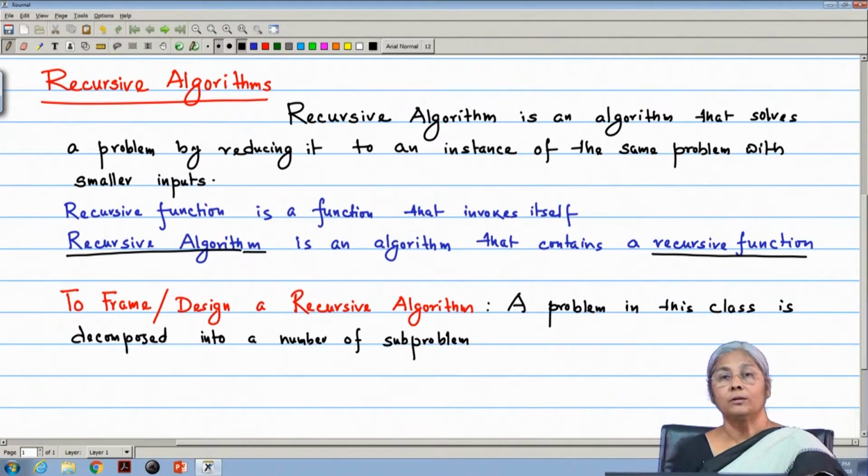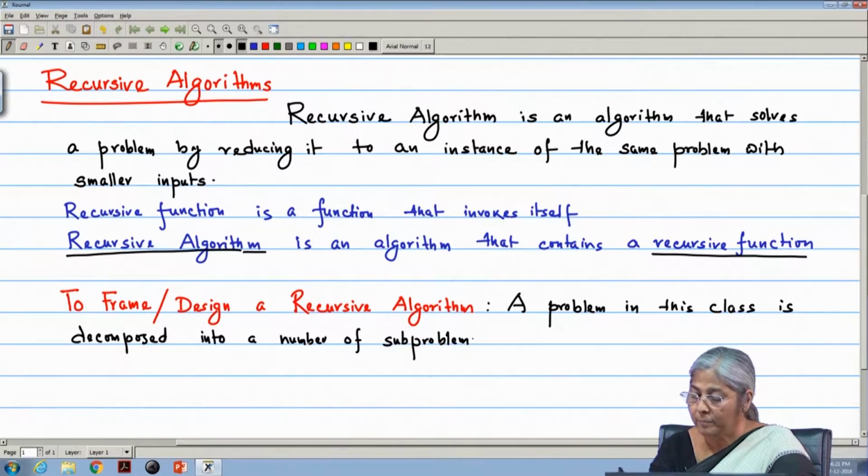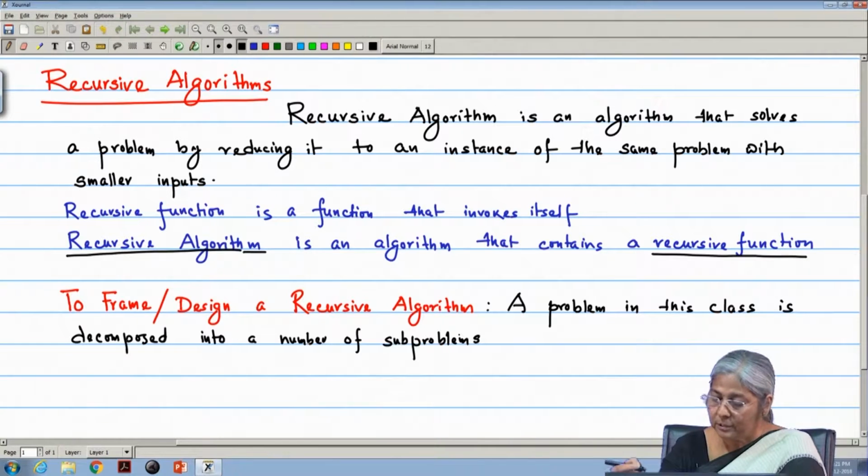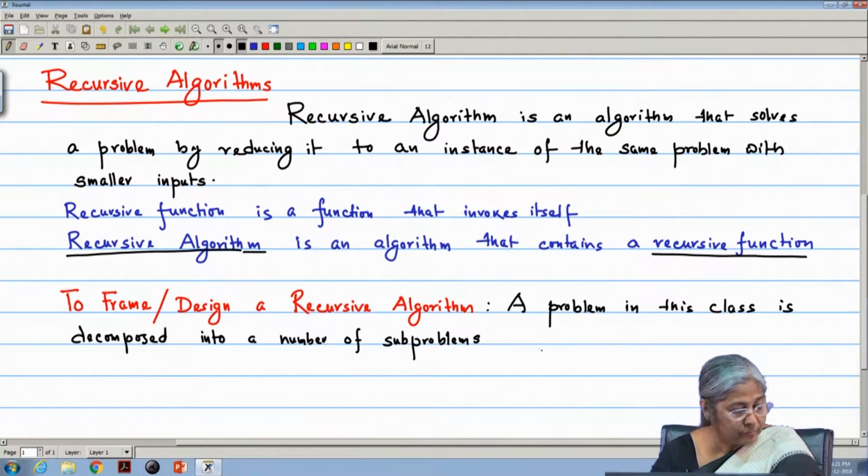It can be one or more than one sub problem, and the nature of the sub problems is the same as that of the original problem, so into a number of sub problems of the same type.